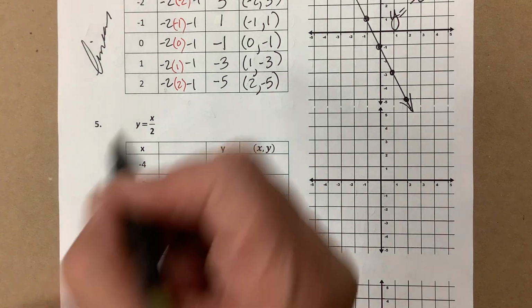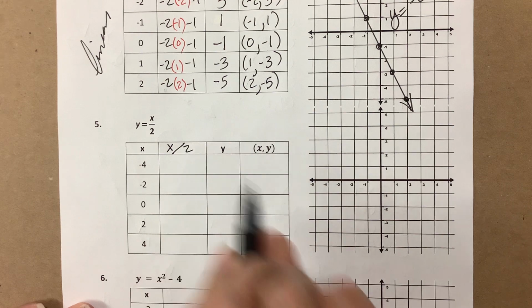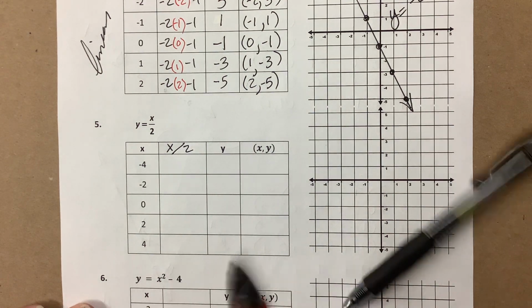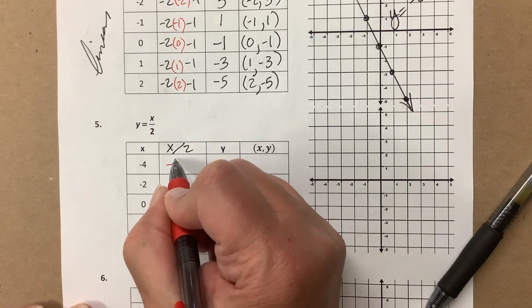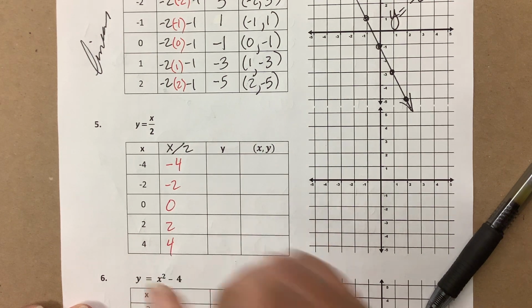This one is also going to be linear, but a little weird. x divided by 2. So, write my variables. Oh dear, -4, -2, 0, 2, and 4.